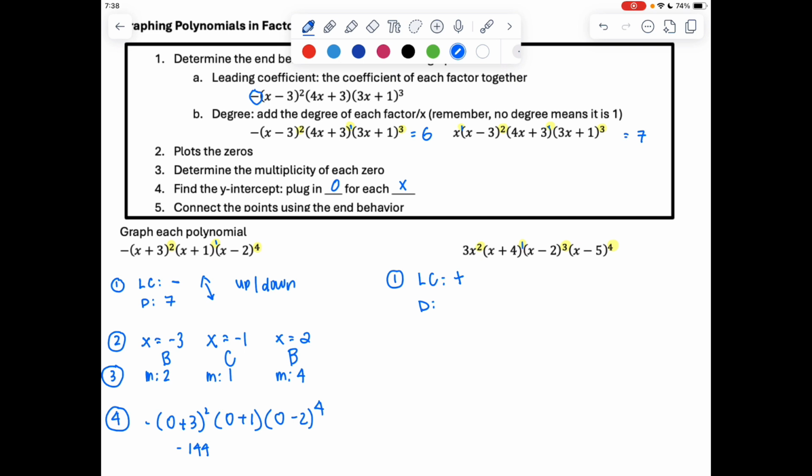That will give us 3, 6, 10. So we have an even degree. Even degrees mean we're either going up, up, or down, down. Since we had a positive coefficient, that's going to tell us it's going up, up. Pause the video, find the rest of the information, then come back to check that you have the correct information.